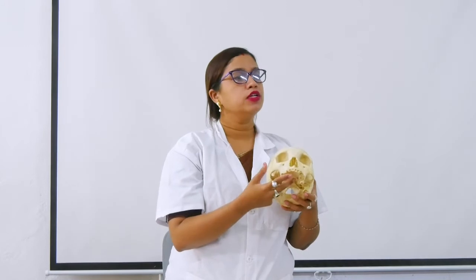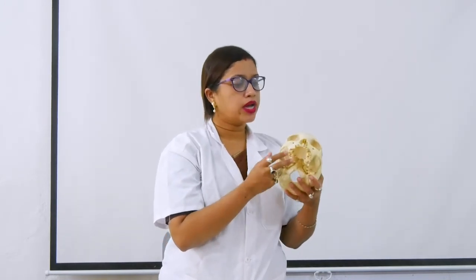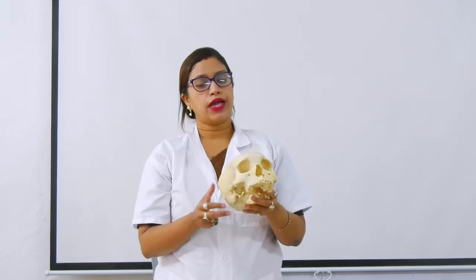So inferiorly it is articulating with two bones, the ethmoid and the palatine. What about the lateral side? Write it down: laterally, the body of the sphenoid is articulating with the zygomatic.